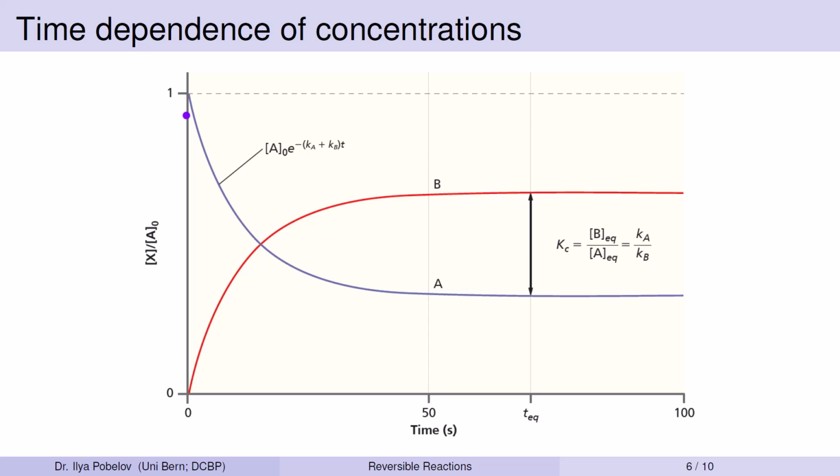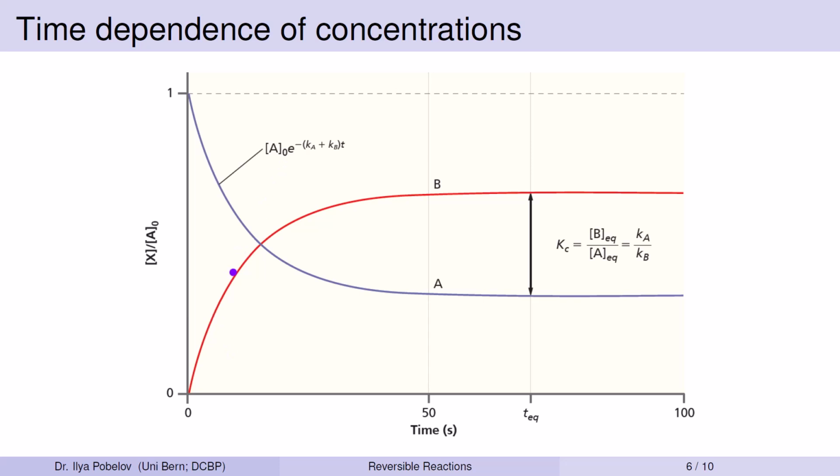Initially, the concentration of A decreases over time, exhibiting an exponential decay. This decay is governed by an apparent rate constant, which is the sum of the forward and reverse rate constants. On the other hand, the concentration of B increases exponentially, following the same rate constant.